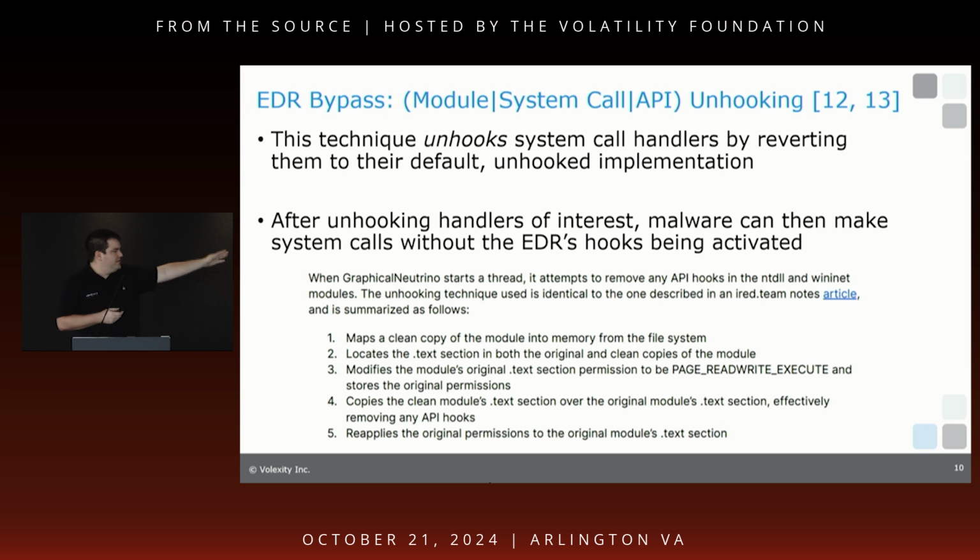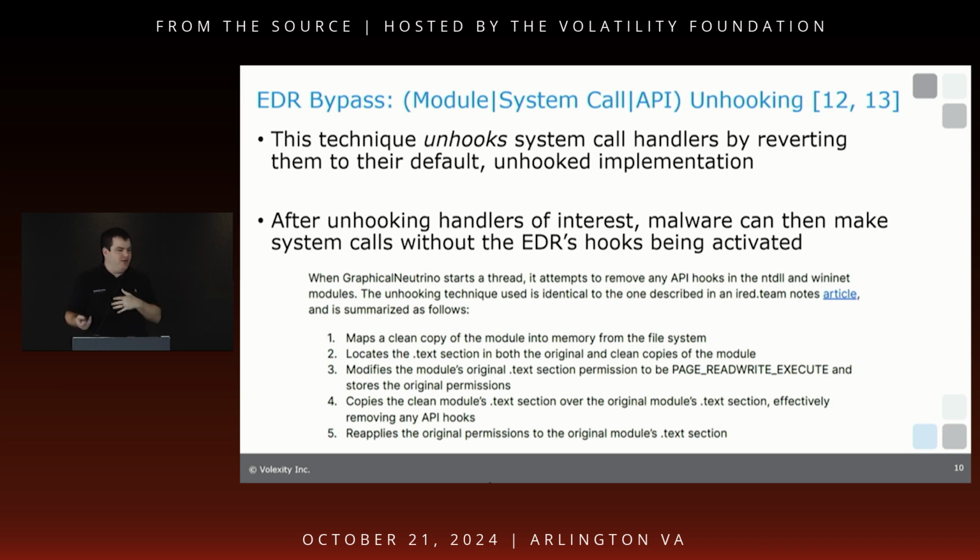In the block here, what it's saying is the malware wants to unhook all the system calls, so it can make all the system calls that it wants without being interfered with. So it's going to get a clean copy of NTDLL. Remember, that's where the code is for all of the original system call implementations as they are on disk. It's then going to find where those instructions are, and it's just going to overwrite all the hooks that the EDR placed.